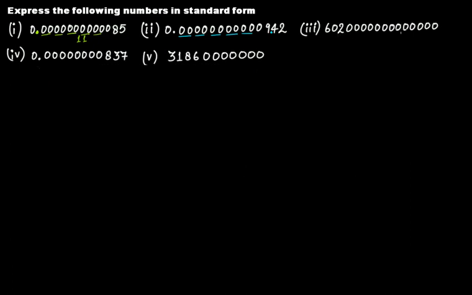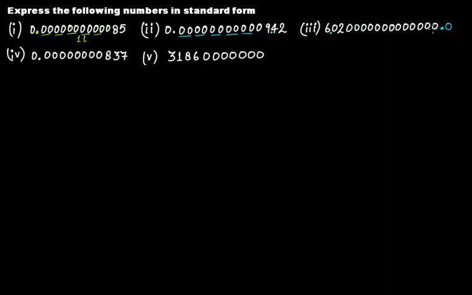In this case, you have to write this in the standard form. Now 6 is the first digit and your decimal point has to be here, 6 point this much. Your decimal point is actually resting here. You have to bring this decimal point just after this 6, or you can say just before this 0.